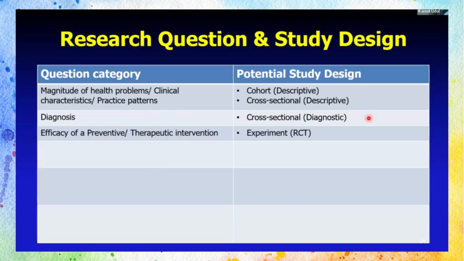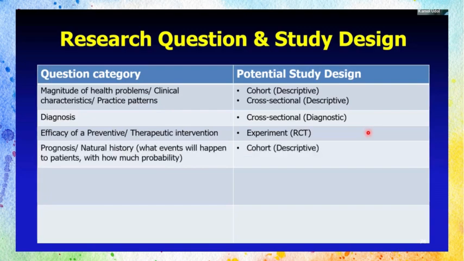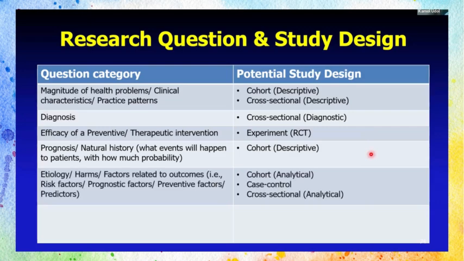Question regarding efficacy of a preventive or therapeutic intervention: the most appropriate design would be an experiment, a randomized controlled clinical trial. Question regarding prognosis or natural history of disease: the most appropriate design would be descriptive cohort. Question regarding etiology, harms, or factors related to outcomes: the most appropriate designs would be analytical cohort, case control, or analytical cross-sectional.